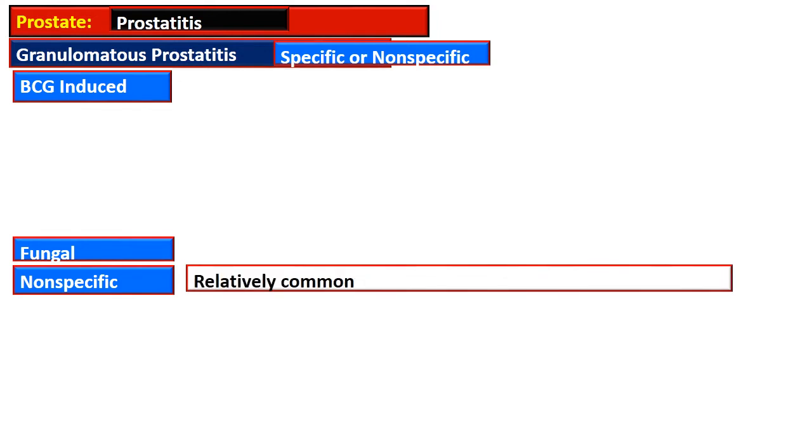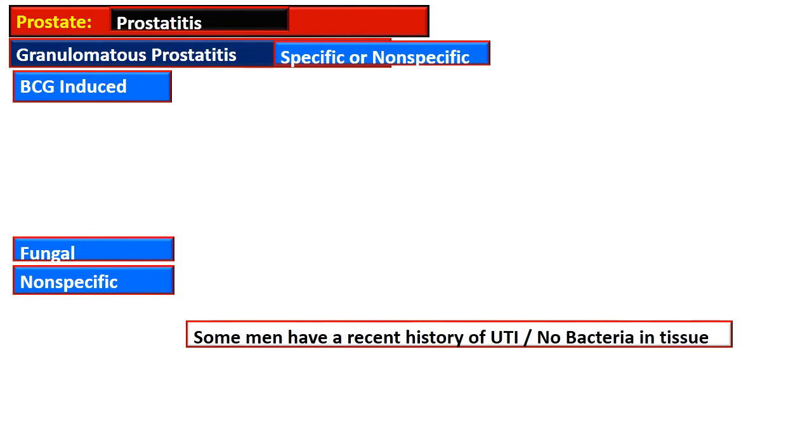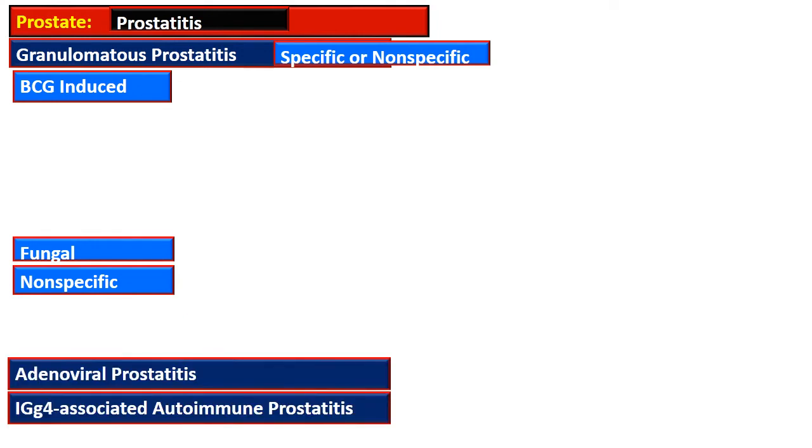The non-specific granulomatous prostatitis is relatively common, and these are secondary to reaction to secretions from ruptured prostatic ducts, and some of the patients have a history of recent urinary tract infection and there is no bacteria present in the tissue.